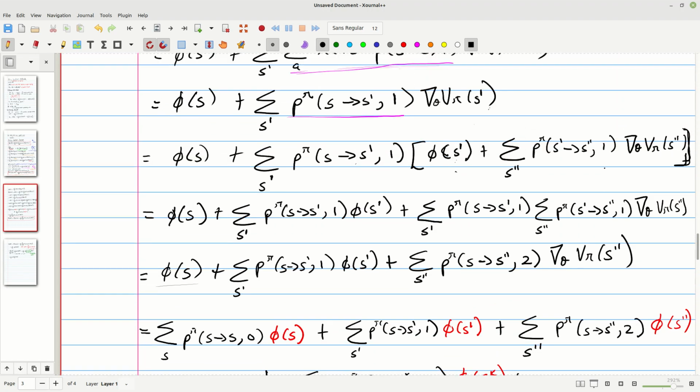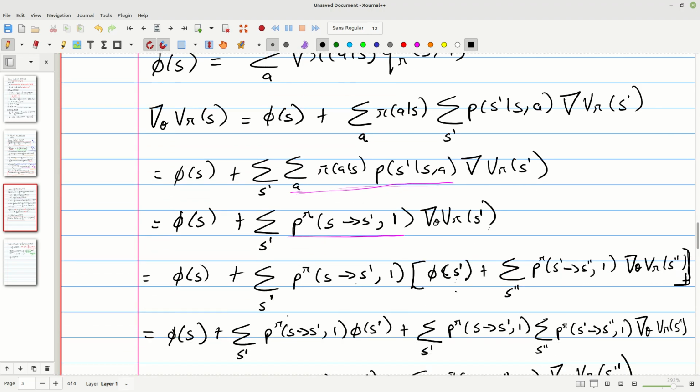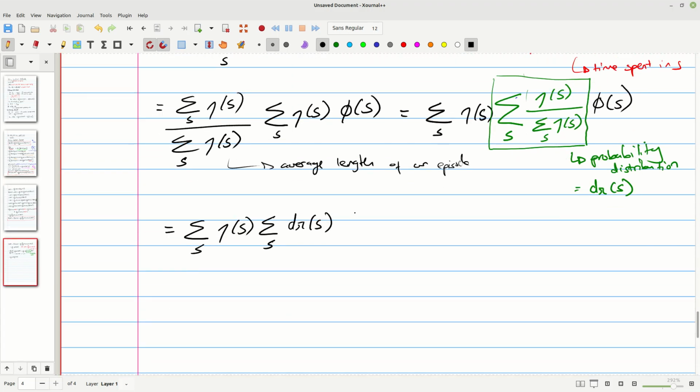We defined phi s a long time ago, and we said it was equal to this term here, so let's just write it back down. This is the summation over a of the derivative of pi a given s times q pi s comma a. That's what phi s is.